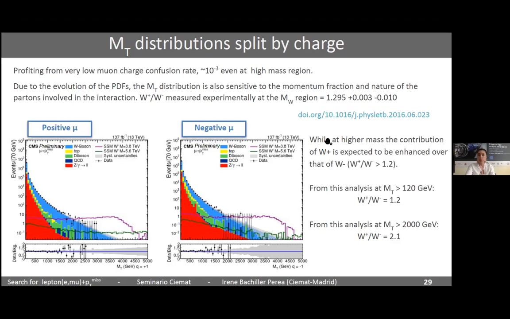And this value is expected to grow with the mass for higher mass regions. Just as an example, the ratio starting from 120 GeV is 1.2, and if we go higher to 2 TeV, it already increases to 2.1.